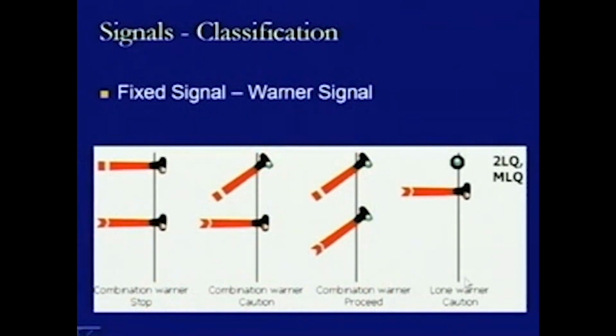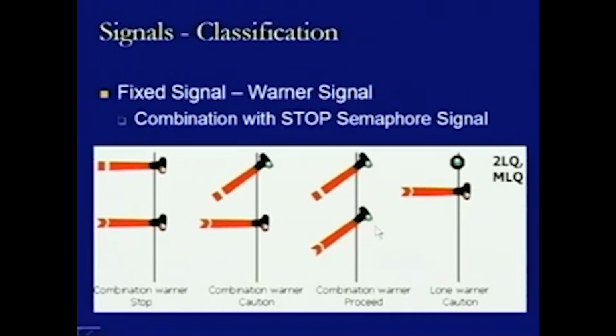But there are conditions where it is provided in this form: a green light at the top and a lone warner provided like this, which defines caution. If it goes down, then it defines proceed. So, that is a combination with the stop semaphore type of signals.